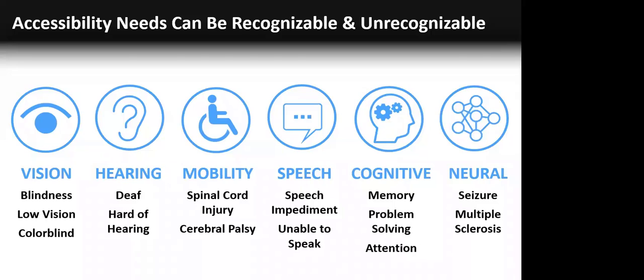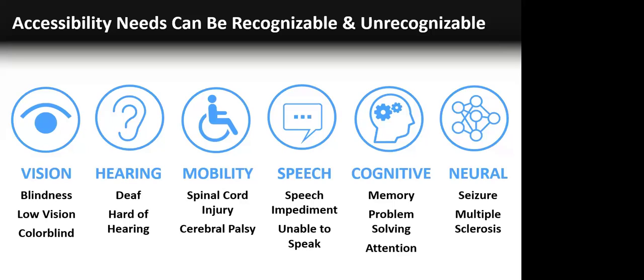It's some of the ones that are maybe more obvious, and maybe some that aren't quite as obvious. So disabilities like blindness, so low vision, or someone who's colorblind, someone who is either deaf or hard of hearing, someone who has mobility issues, like someone maybe who's in a wheelchair because of an accident or something like maybe cerebral palsy.